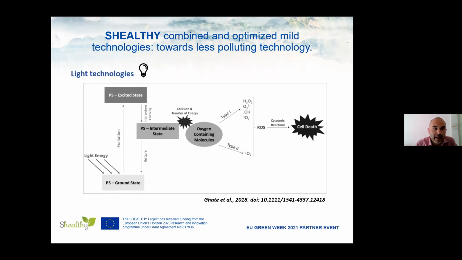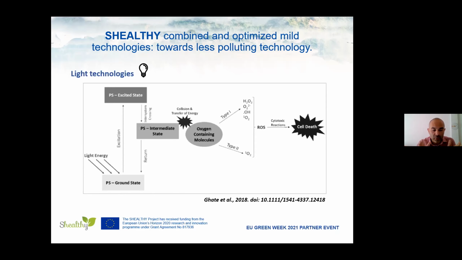So let's first start with light technologies. The use of light in the sanitization of fruits and vegetables has emerged as a non-ionizing technology. It means that it does not produce any ionized compounds that could be harmful for the consumer.